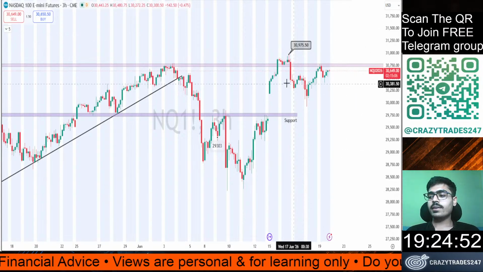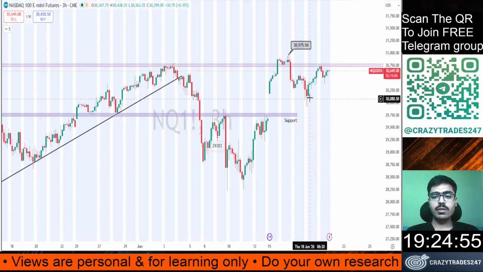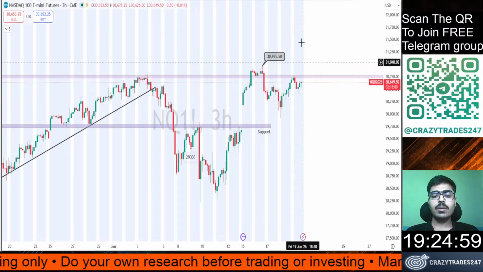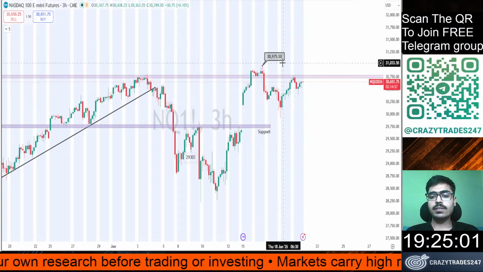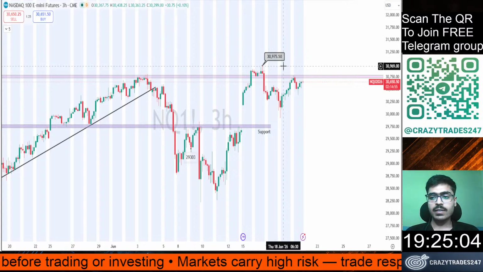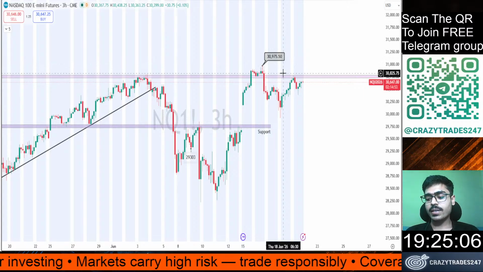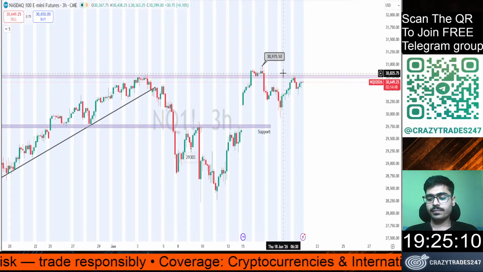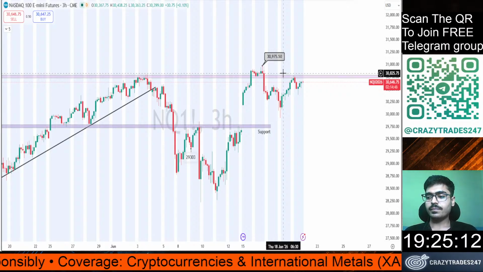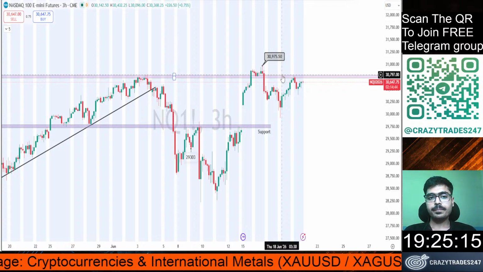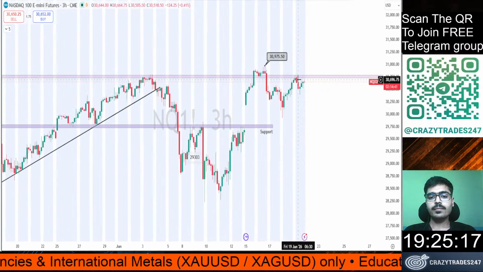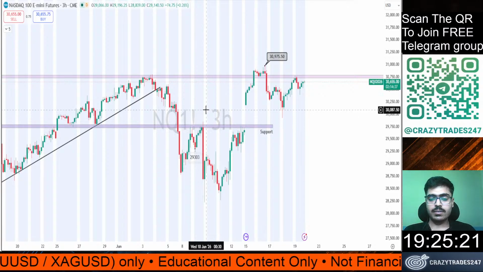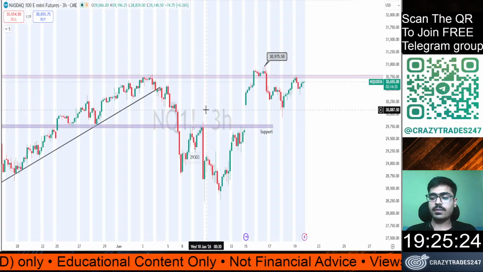So near its resistance, it's making the consolidation pattern here. If this consolidation pattern gives breakout in the upper direction above 30,975, then we might think of a trade on the long side. The bias is definitely on the long direction, on the buying direction.